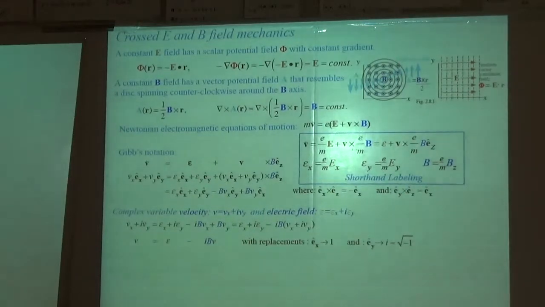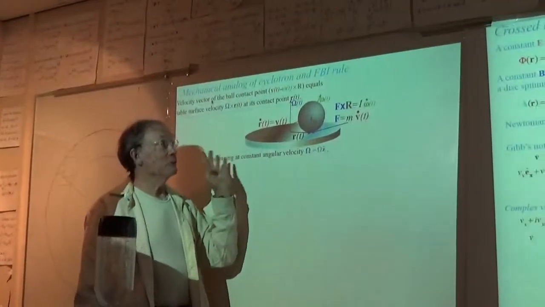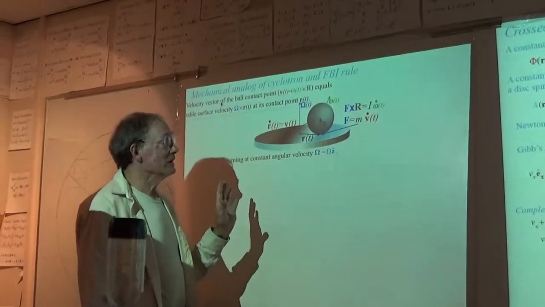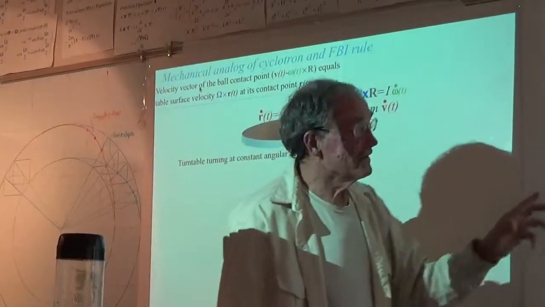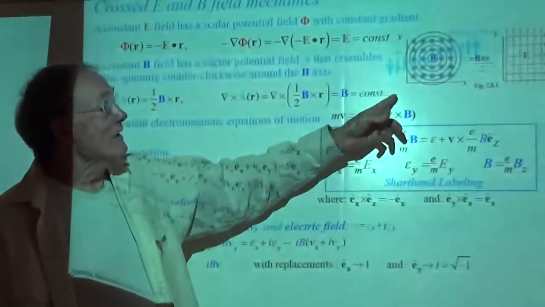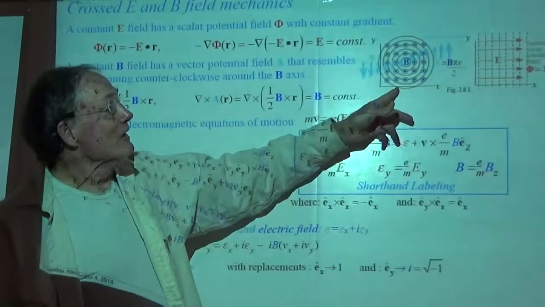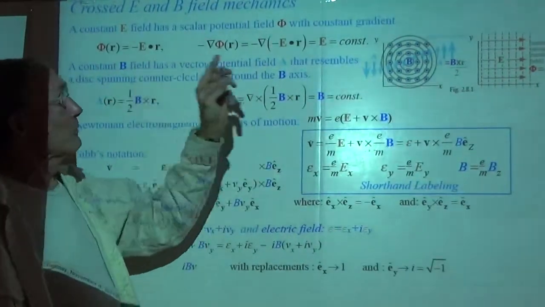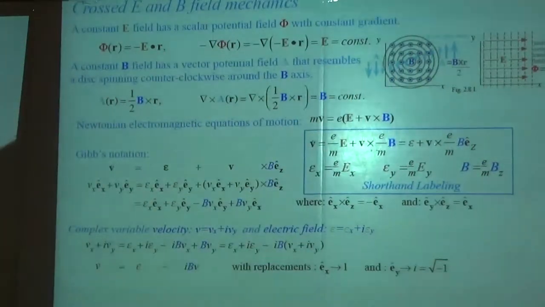So what I'm saying is that a ball rotating on a rigidly rotating surface is analogous to a vector potential that is a constant rotor.